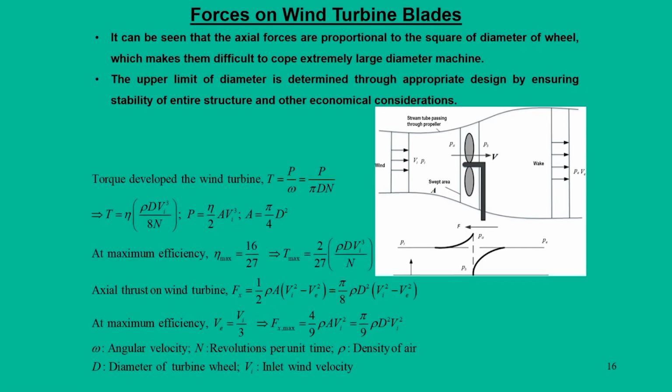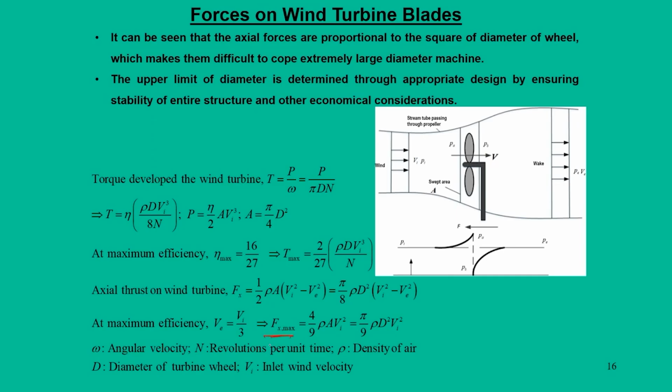Another important point I need to emphasize, referring to expressions like F max equal to pi by 9 rho d square into Vi square, is that one can observe that this maximum thrust is proportional to the square of the diameter. Normally the diameter, or the swept area, is kept very large to capture more wind power, but at the same time, while enlarging the diameter, the axial thrust also goes up.